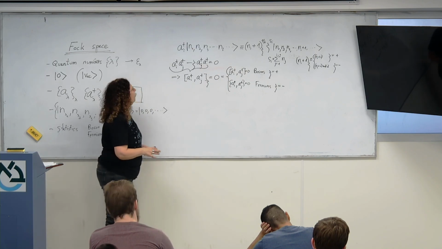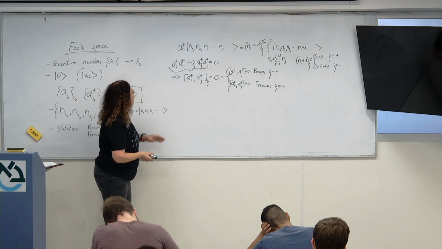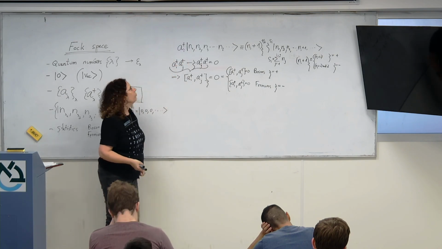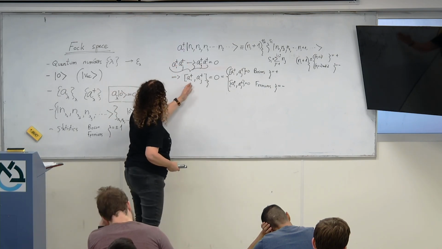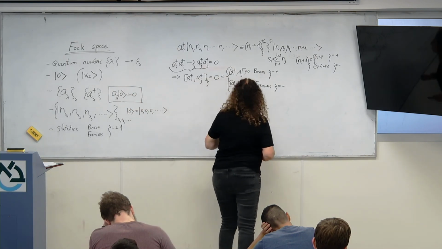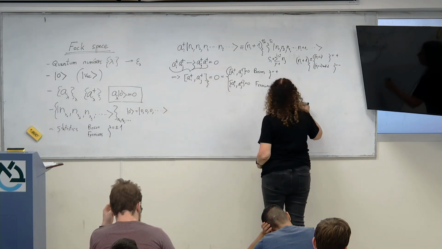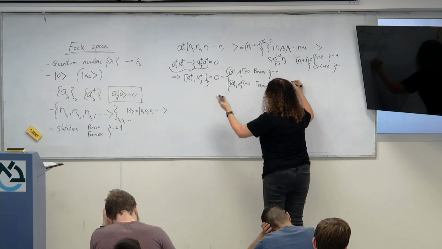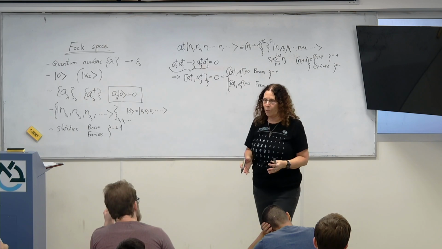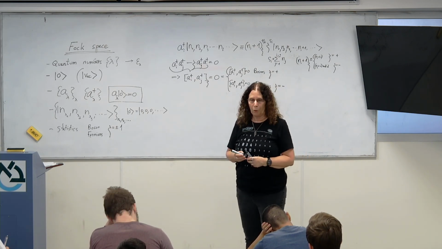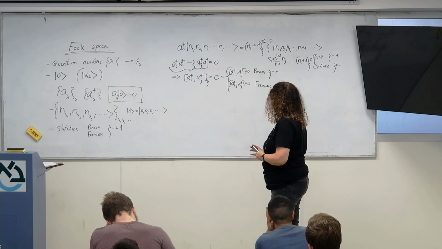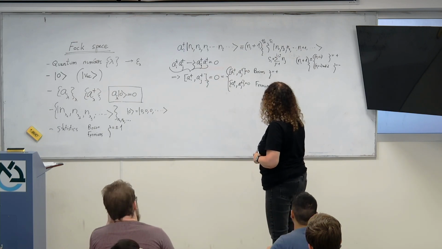So we have an operator that adds particles, and it obeys this algebra. Okay? And we were able to show also that this is obeyed for any i and j. Okay, so i can be equal to j, i can be different from j, it's always 0. Great, so this is an important thing to note.